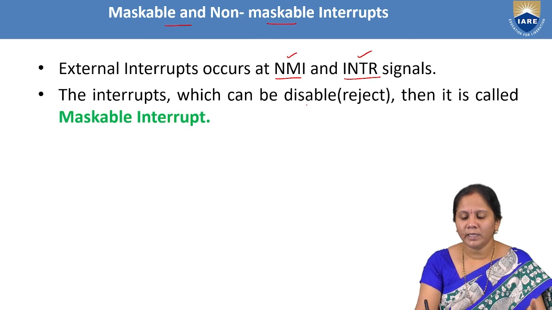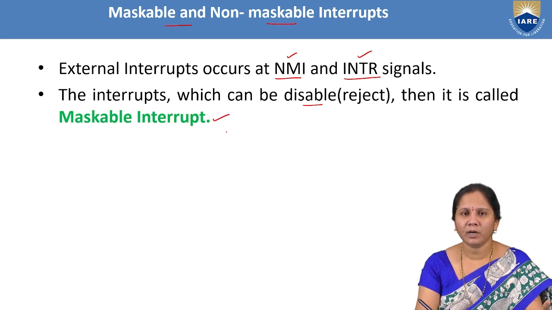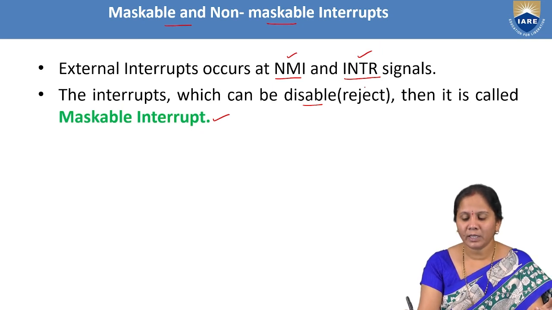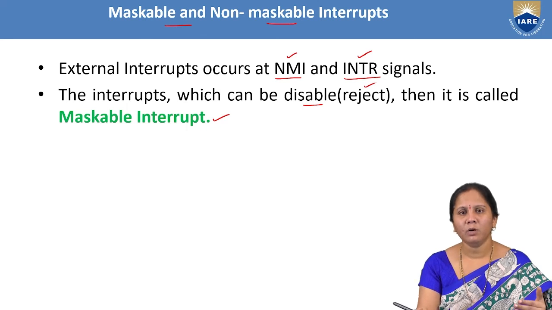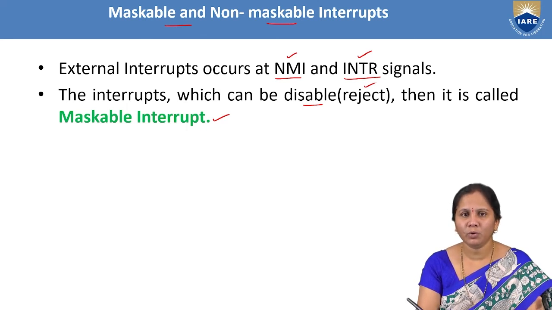The interrupts which can be disabled are called maskable interrupts. Disabling an interrupt means there is no need to execute that particular interrupt. It can be rejected or ignored. Which type of interrupts can be ignored? The interrupts coming through the INTR signal can be ignored.